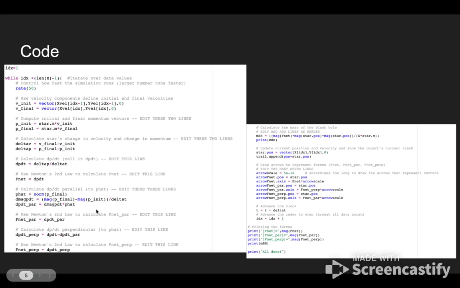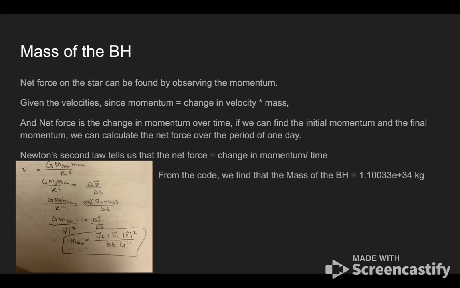And then we also find the parallel and perpendicular components of that net force. And then over here we have just the mass of the black hole, derived from the formula for the gravitational force. So for the mass of the black hole, the net force on the star can be found by observing the momentum.